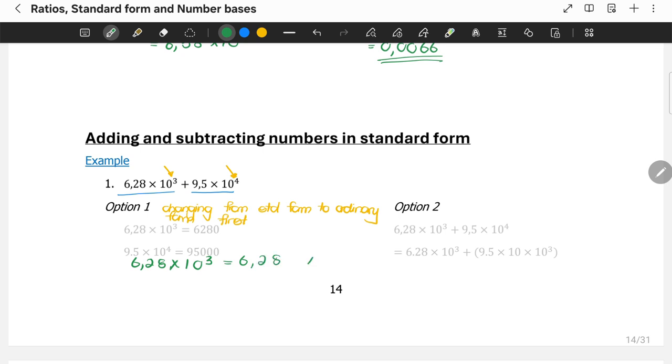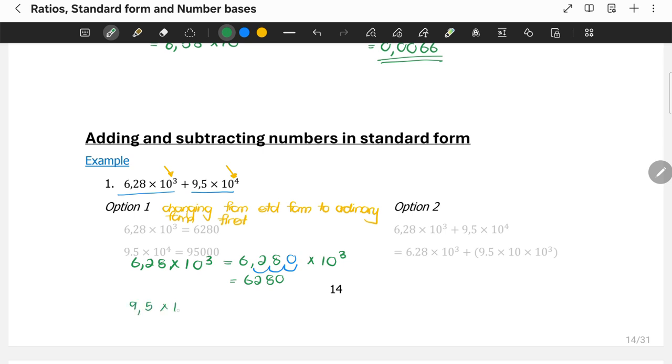To put it back to ordinary form, the comma has to move to the right, because this is a positive number. So it's going to move 3 places, 1, 2, and 3. Here there was a placeholder 0. So that's going to be 6,280, right?